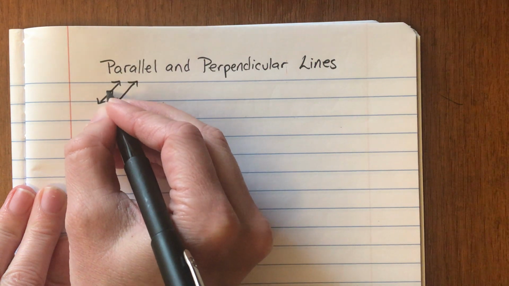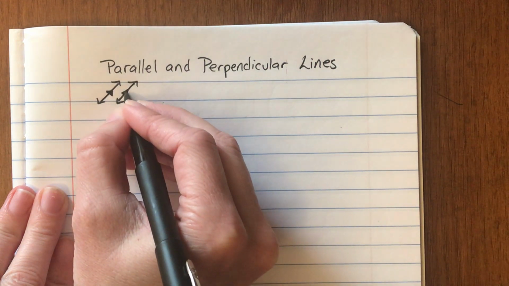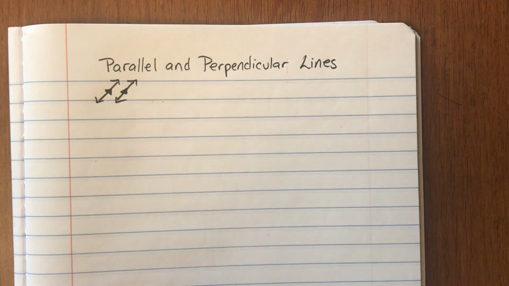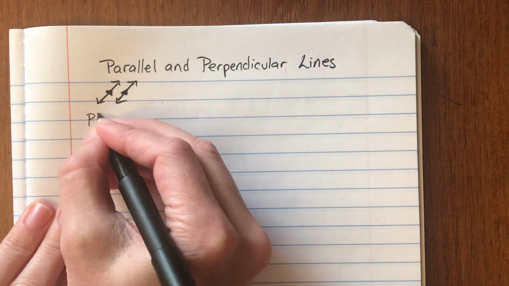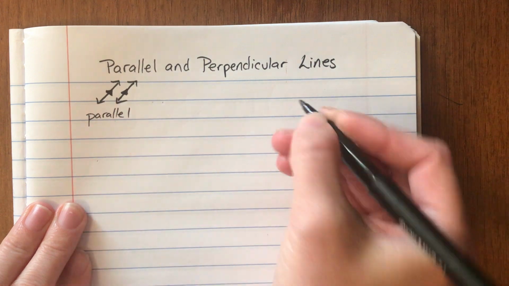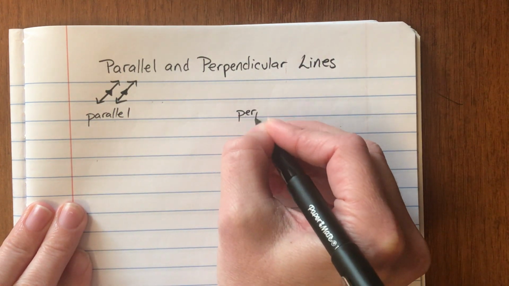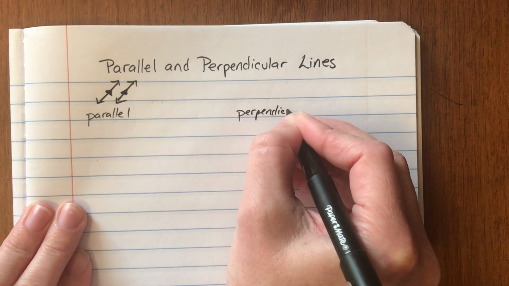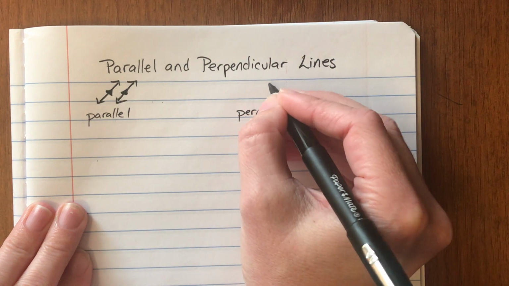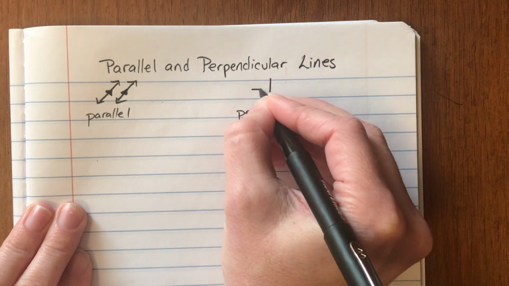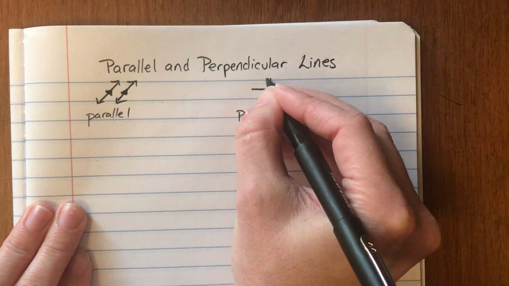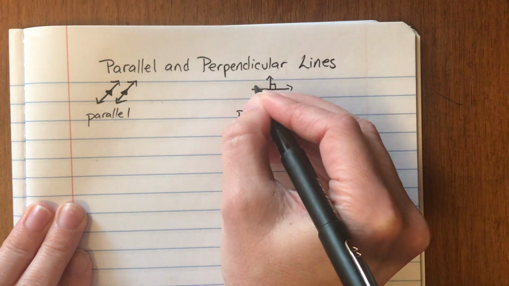Sometimes we will denote them with arrows, showing that they go in a parallel direction on and on forever. So this is parallel. And then perpendicular lines, of course, are lines which meet at an exact right angle. So these lines we would call perpendicular.